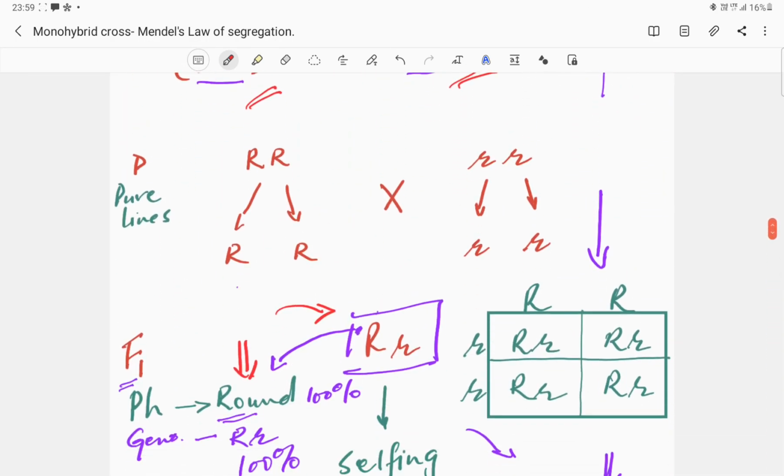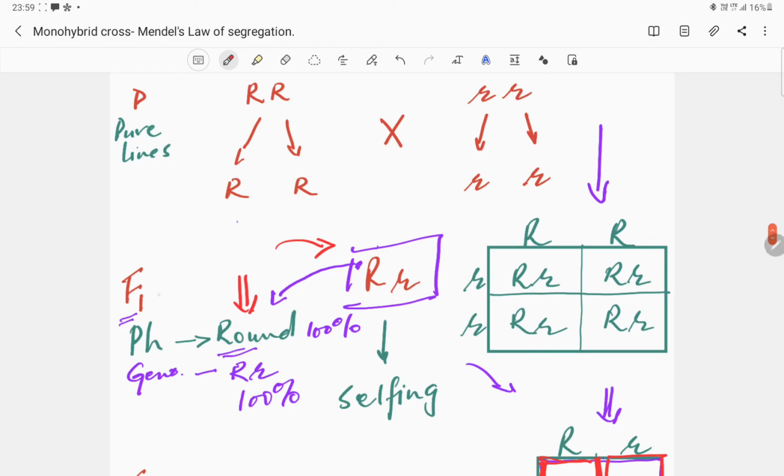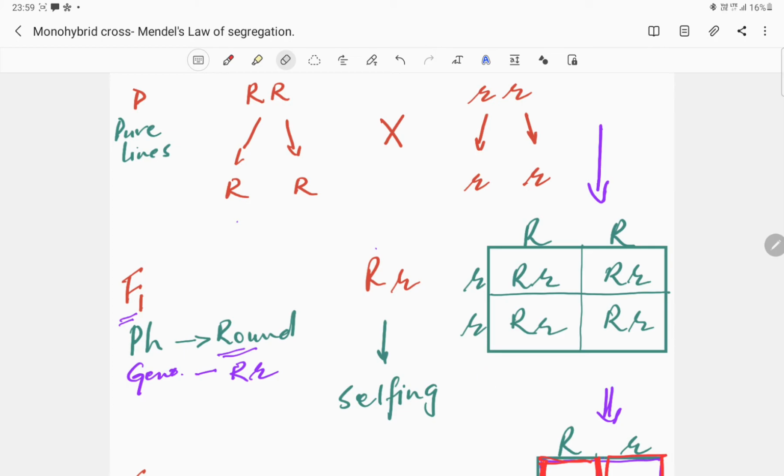Now you see, let us look at this. In the first generation, let me use a little eraser to rub off the mess that I've created here. Just a bit of it, right? So in the first generation, if you look closely, the parents are pure lines. One is round and one is wrinkled, but in the first generation, we get only round seeds, correct?